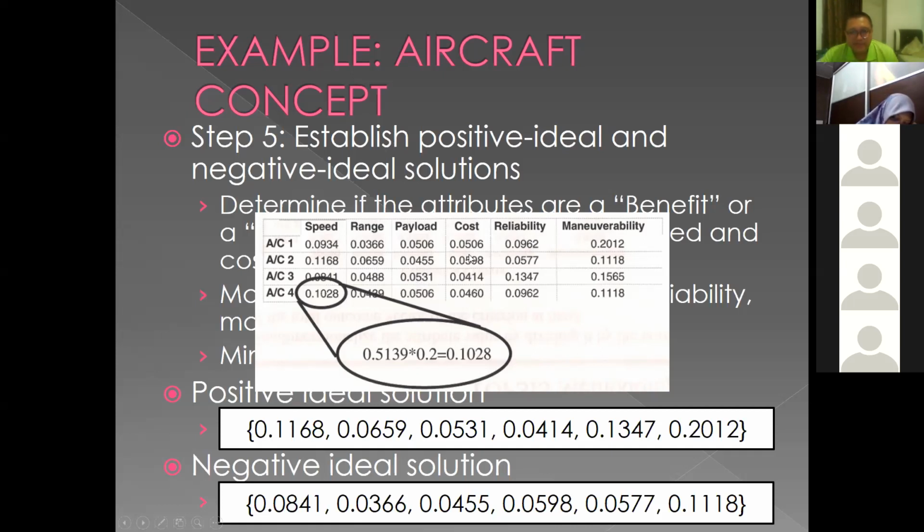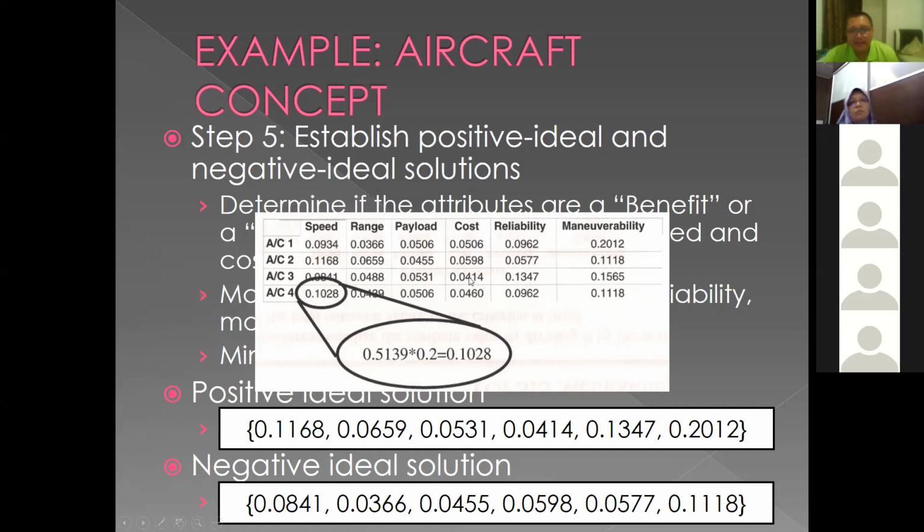And then for the cost, this is interesting. Because we want the positive ideal solution, for the cost we know that a lower number is better, right? So on this particular column, we pick the lowest value, 0.0414. We didn't pick the highest value.